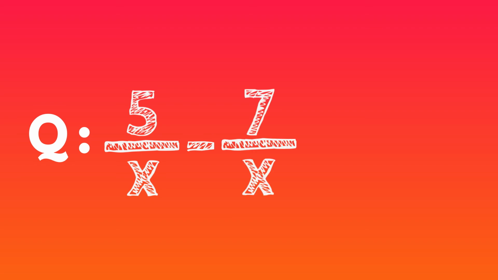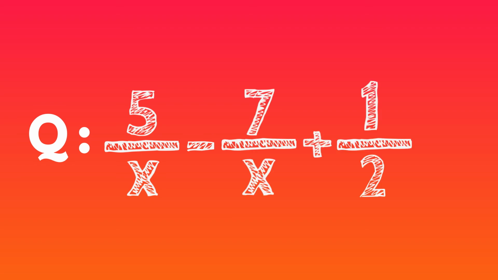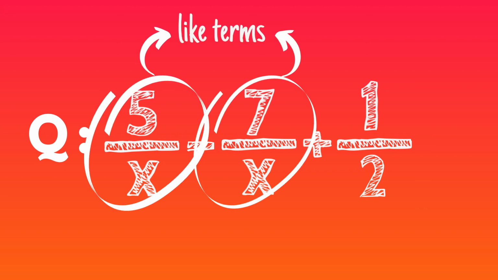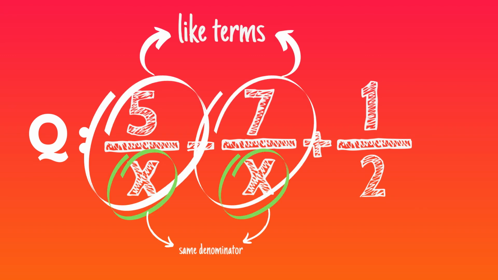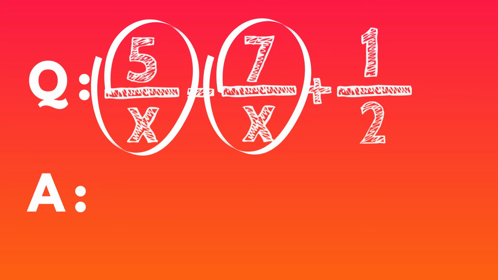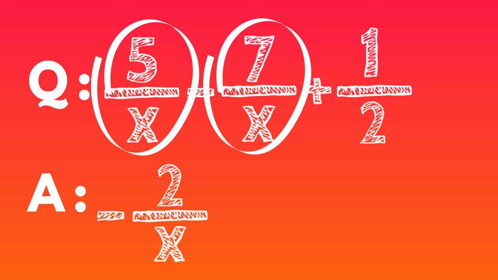Number 4 says 5 over x take away 7 over x plus half. Now, like terms here are those fractions that have the same denominator, which is x. 5 over x minus 7 over x equals negative 2 over x, because 5 take away 7 gives us negative 2.